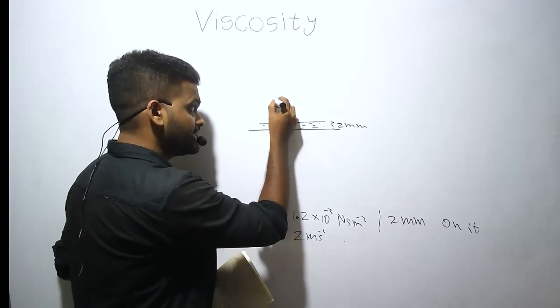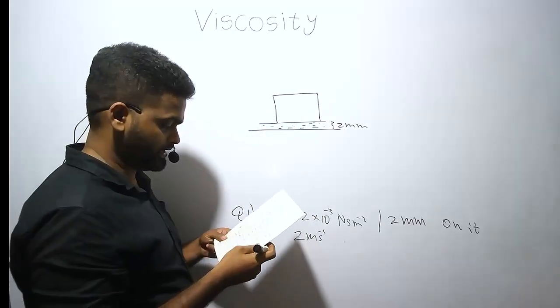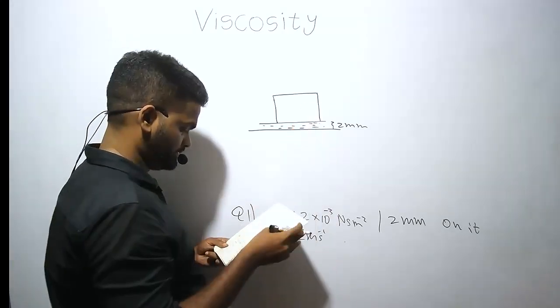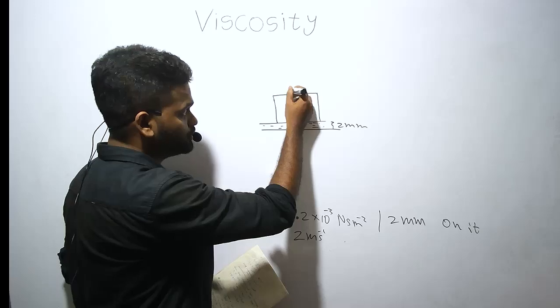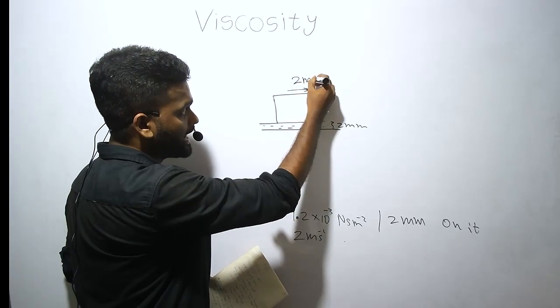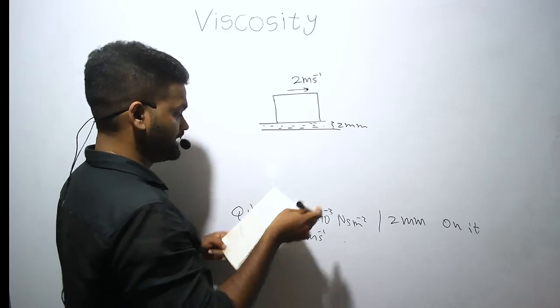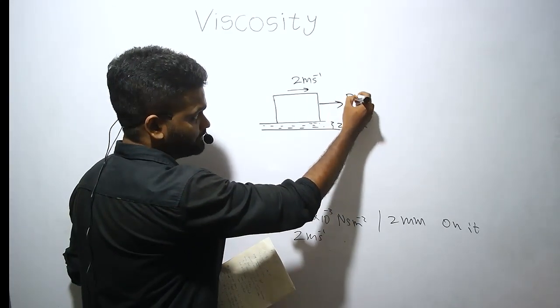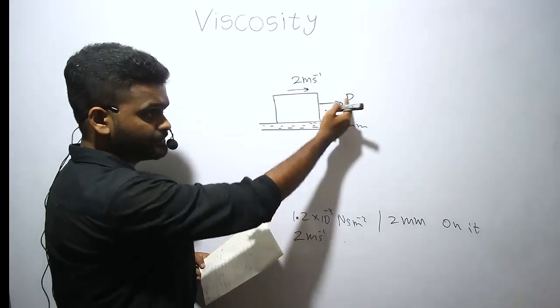Then on that liquid there is an object, a cube. This cube needs to be moved at 2 meters per second, right? What they ask is the force required. Let's say that is P, right?